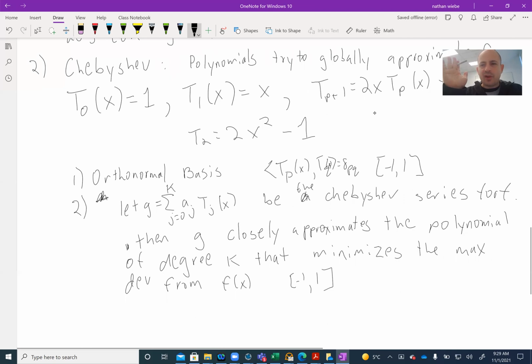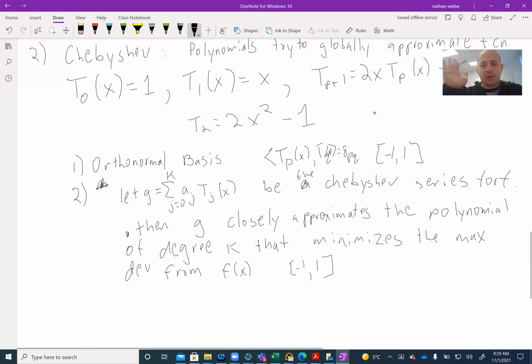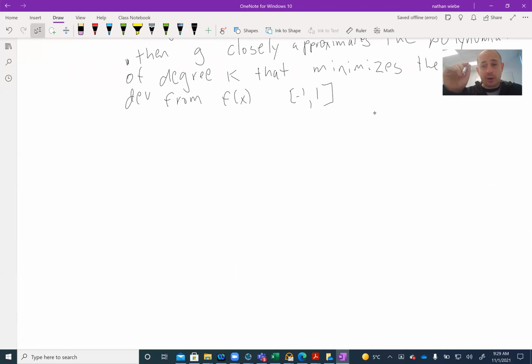So these are going to ultimately be the functions that we're going to use for our purposes, but other possibilities exist.